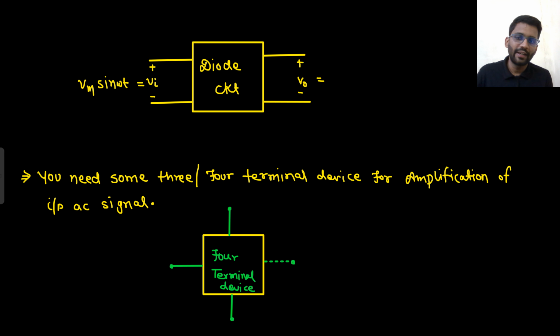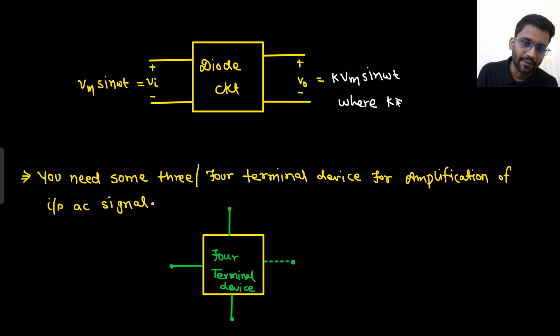So this is what I have written here, Vm sin omega t. Using a diode circuit, let's assume I want k Vm sin omega t, where mod of k is greater than 1, because it could be minus 2 Vm sin omega t as well.